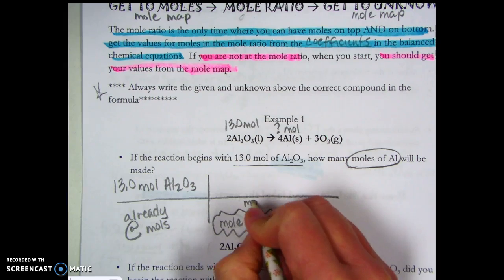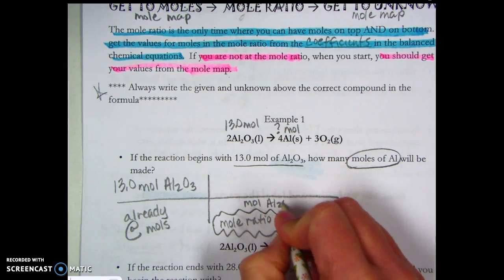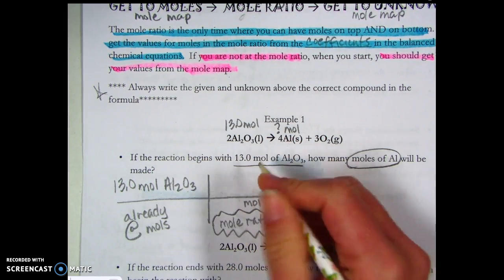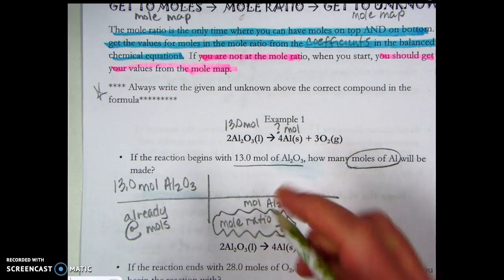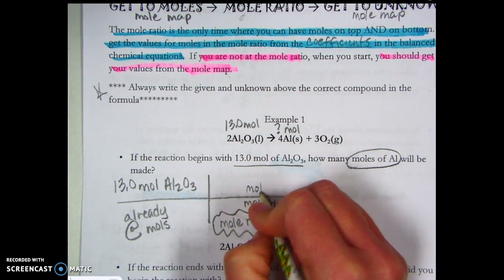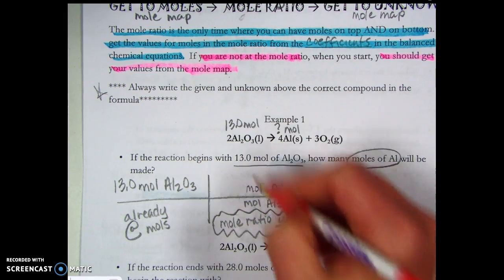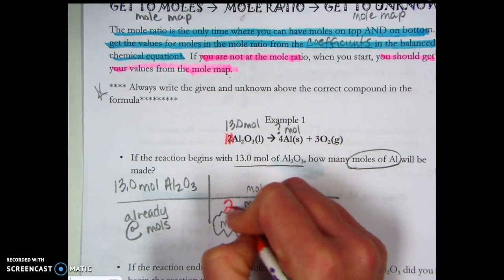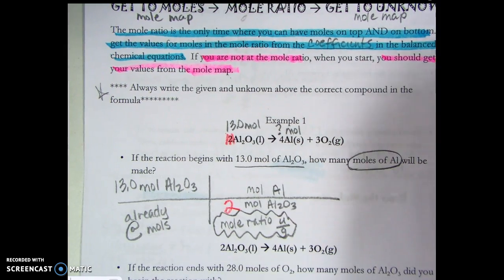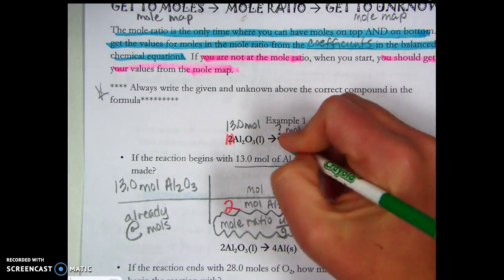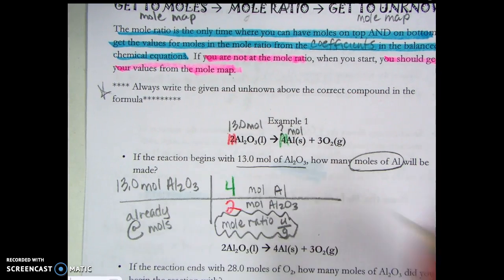So moles of aluminum oxide, which is our given, is going to be compared to moles of my unknown, which is aluminum. Then we're going to get these numbers from 2 for aluminum oxide and 4 for aluminum.